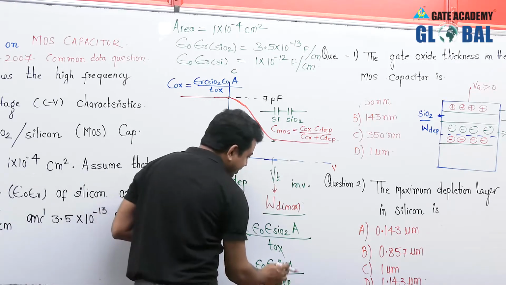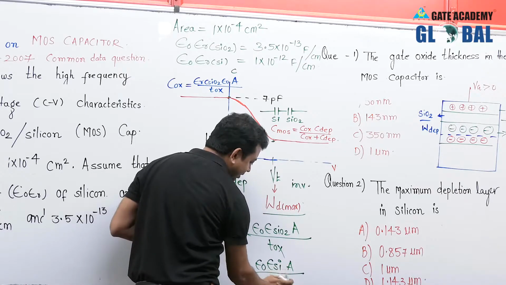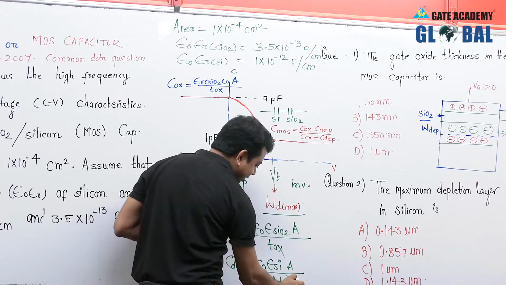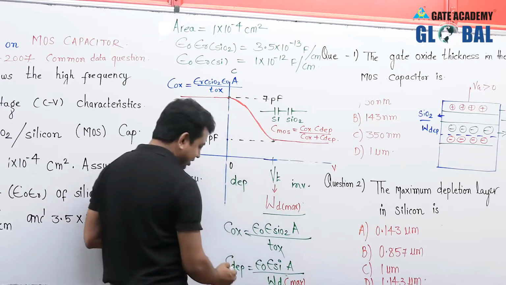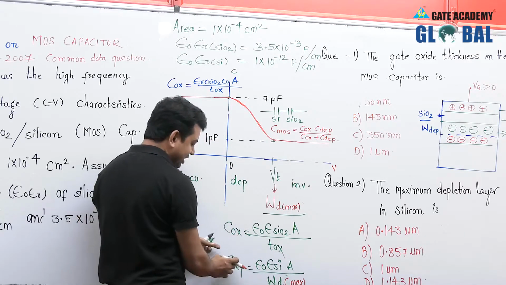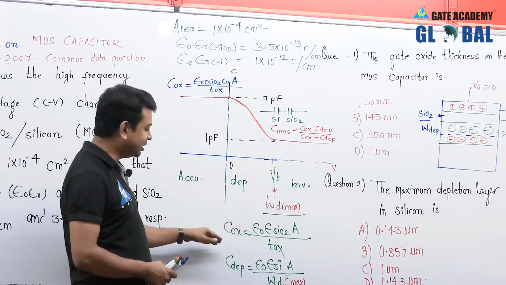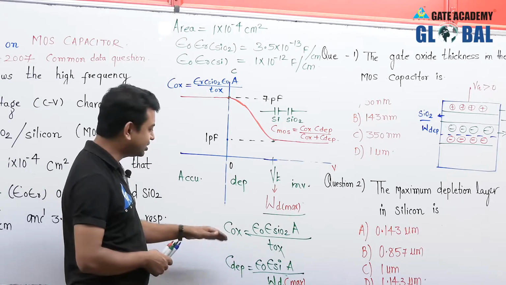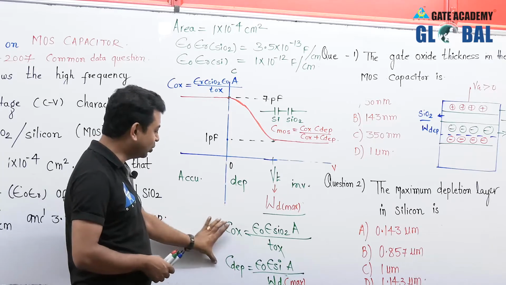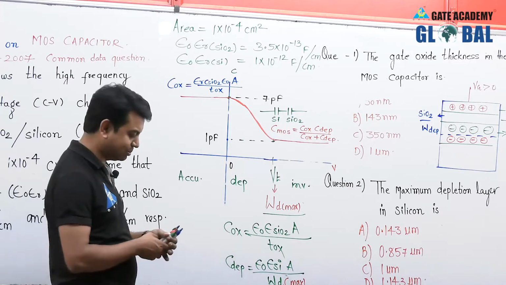When we write W D max in this depletion region, then this C depletion will be at its minimum value. If it is at its minimum value, then the overall capacitance will be at its minimum value.